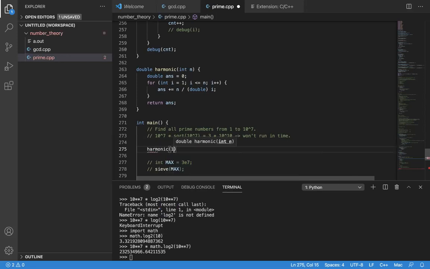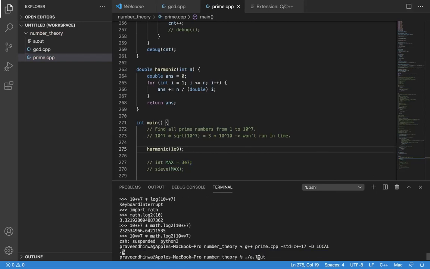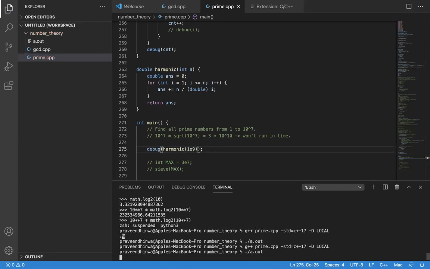Harmonic of 10 power 9. It will take some time to run, but in the end it will give some number, and we can see how large that number is. We did not print it out. Let's print it out. So harmonic of 10 power 9, it will take some time, and in the end it will output the value.